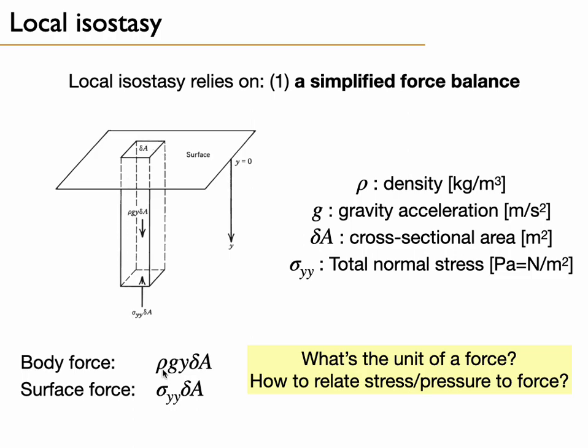So it's proportional to the gravity, the density of the object, of course the depth extent y, and the section of the object. So y times delta A makes a volume. So you have density times acceleration of gravity times the volume of the object.